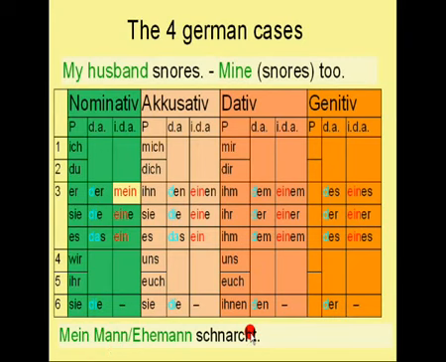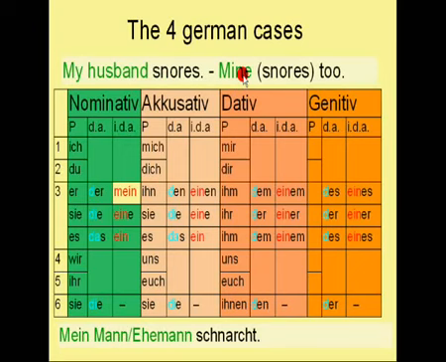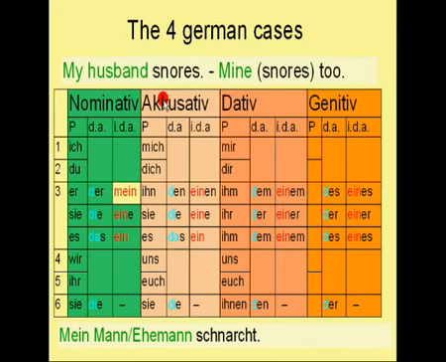Now let's take a look at this possessive pronoun that replaces the noun husband. We know that this one is also in the nominative case, and because it refers to husband, we know that we need to look here for the third person singular masculine to see which word is replaced.